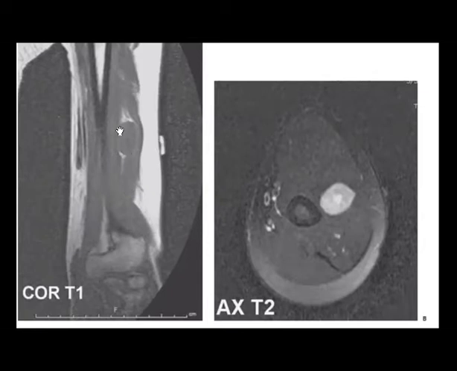And as you mentioned, the split fat sign, where you can see the fat with a characteristic appearance along the margin of the mass, gives you the impression that you could put it as the differential. So the peripheral nerve sheath tumor should be schwannoma or neurofibroma.